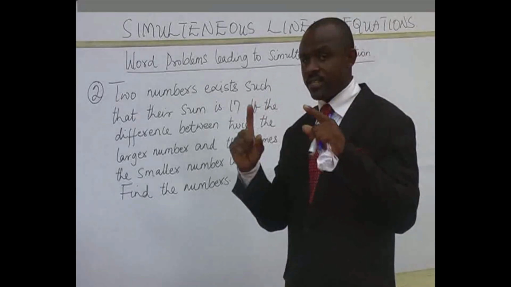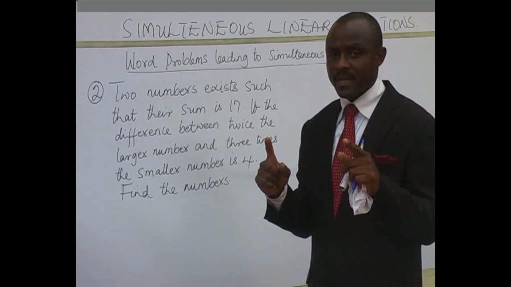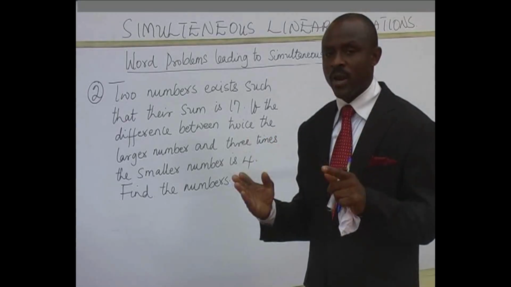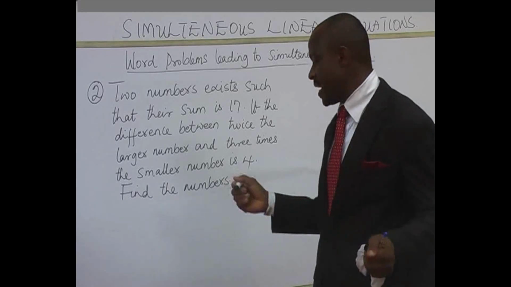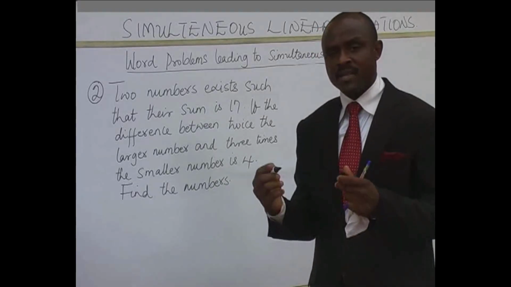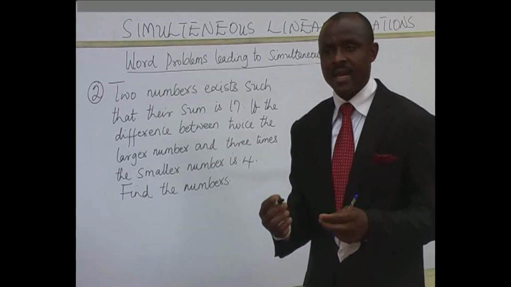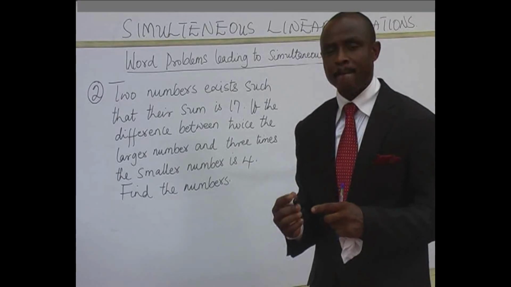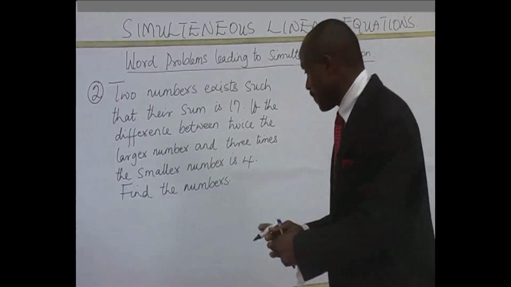There are two numbers, one of them is larger, while the other one is smaller. Now you're going to start by saying, let this larger number be represented by any alphabet you like, and let the smaller number also be represented by another alphabet that you may choose.